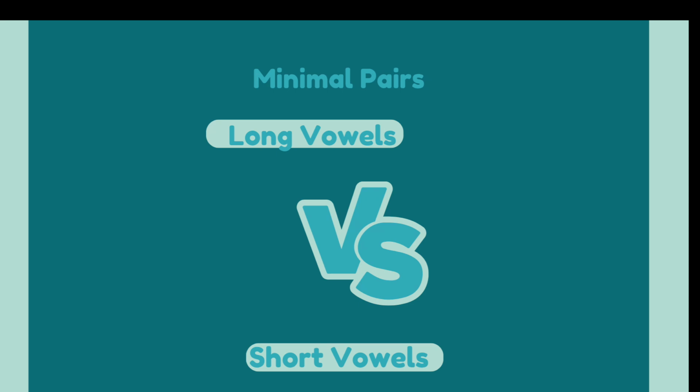So today we will be examining the difference between long vowel sounds and short vowel sounds by making use of examples of words that establish these differences. So stay tuned as we look at the different words that show the difference between the long vowel sounds and the short vowel sounds in English.